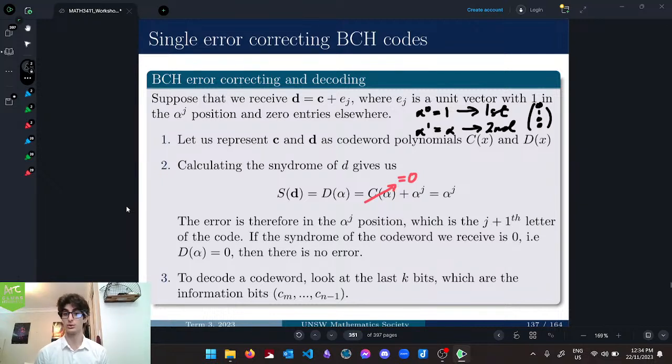The error is therefore in the alpha to the J position, which is, as we said earlier, the J plus 1th letter of the code.